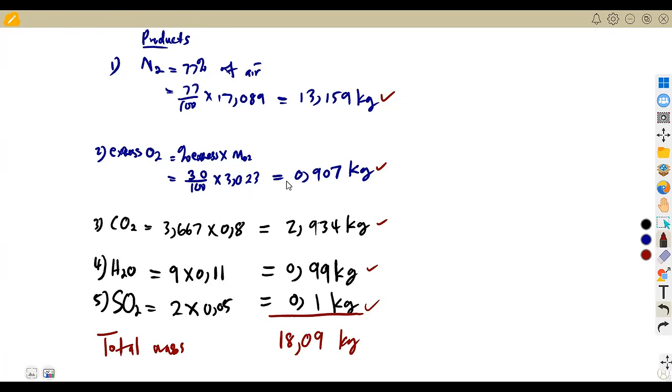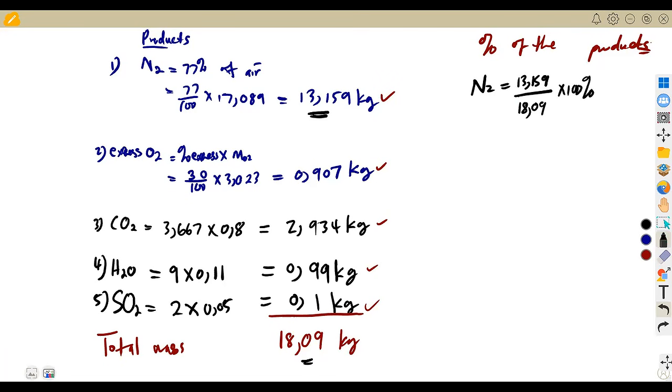So in this case, the question was not to calculate the mass, it was to calculate the percentages. So the percentages of the products now are going to be taken from each product over the mass. If you consider nitrogen in this case, its mass is 13,159 over the total mass that you're given here of 18.09 times 100%.